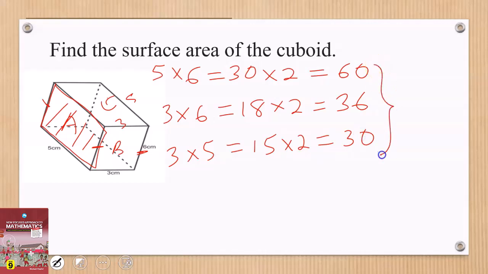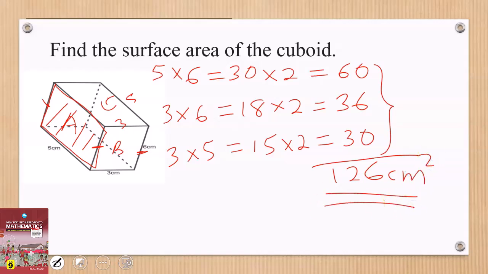Now when we add them together, we get 126 as the answer, centimeters squared. So that is the answer for this. You can label A, B, C, and say area A implies that, area B implies that, area C implies that.